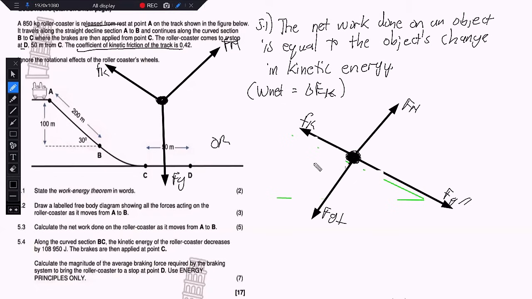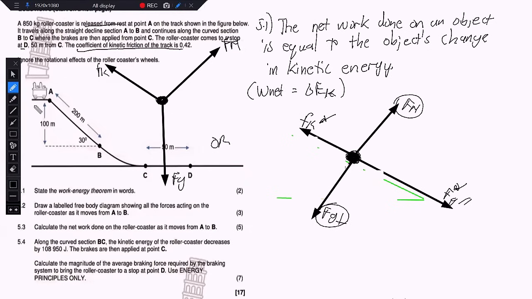Now looking at this free body diagram here, we can see that the forces that are doing work on this object here, or on the trolley, it's a trolley, are only Fk and Fg parallel. Normal force and Fg perpendicular, they're not doing work on the object simply because they are perpendicular to the displacement of the object, right?